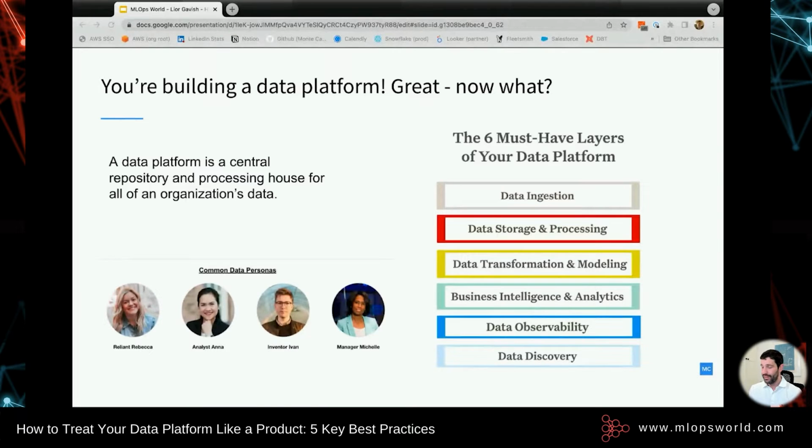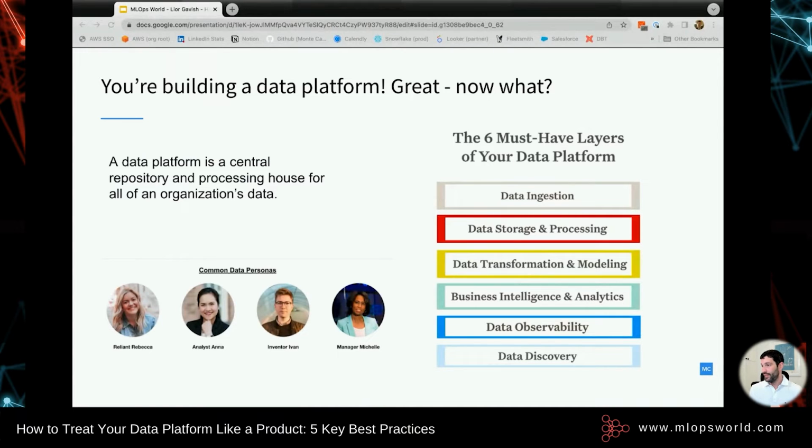It's a way to take all of that data that you ingested and transform and manipulate it in various ways. You'll see a data transformation and modeling tool, something like dbt or Spark, that allows you to create transformations to model your data.